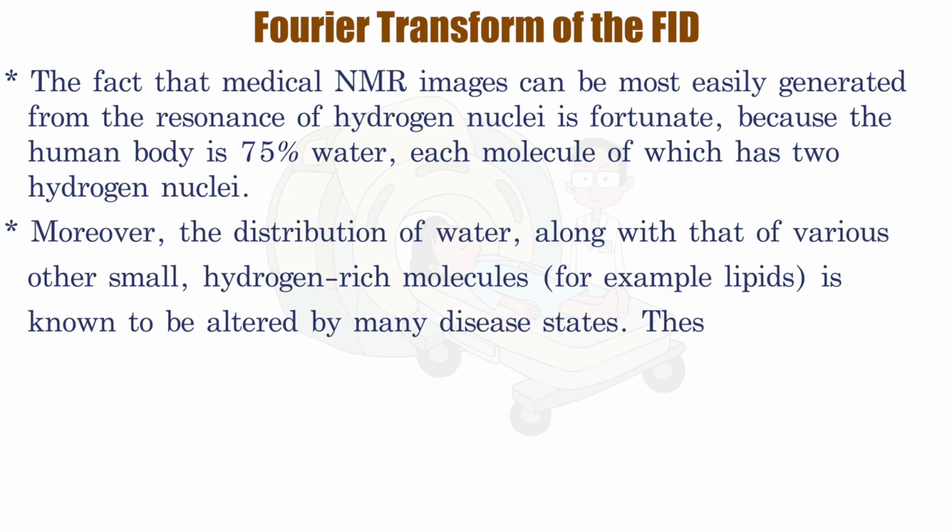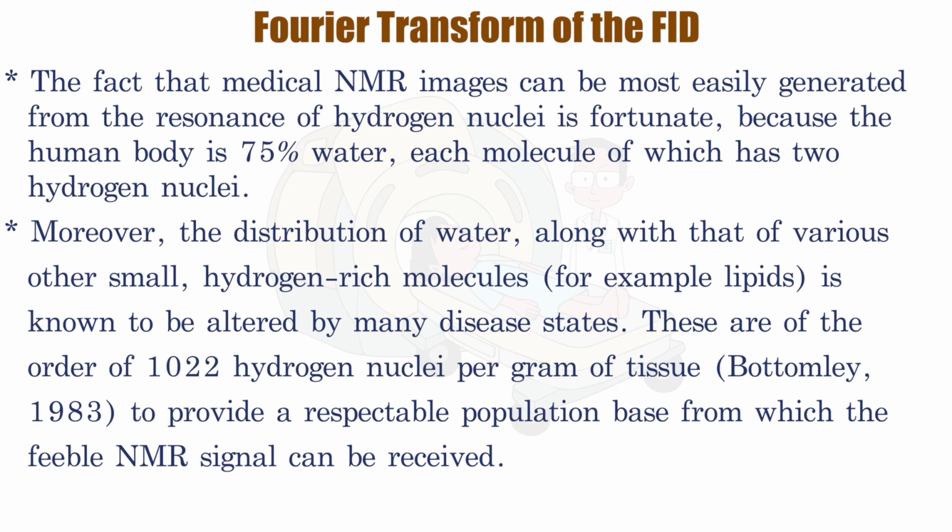The fact that medical NMR images can be most easily generated from the resonance of hydrogen nuclei is fortunate because the human body is 75% water, each molecule of which has 2 hydrogen nuclei.